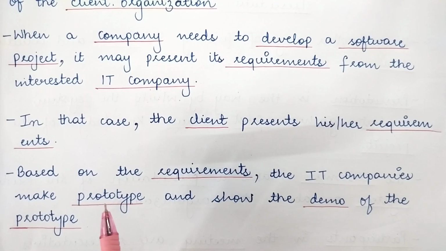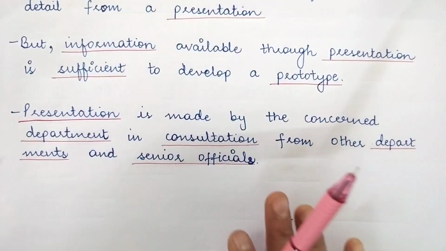It will be working, you provide input, it will give you output, but it is a working model with restricted or limited functionalities and features. So based upon all these requirements gathered through the presentation, the IT companies will make a prototype and then give a demo of the prototype to the client side.